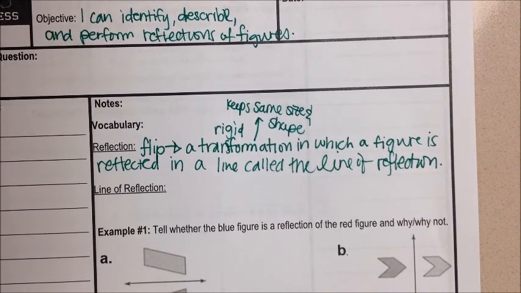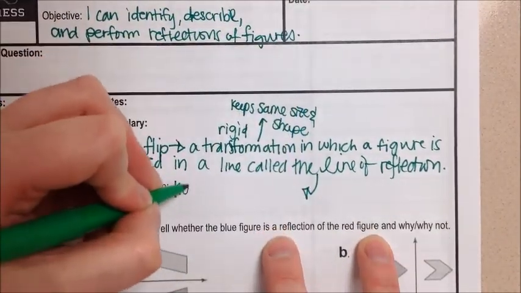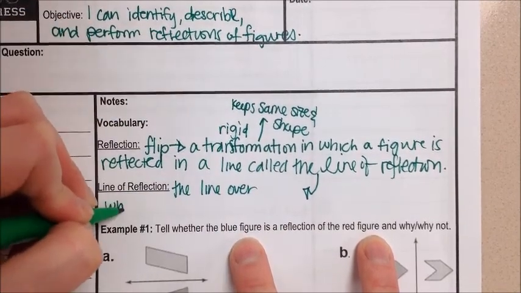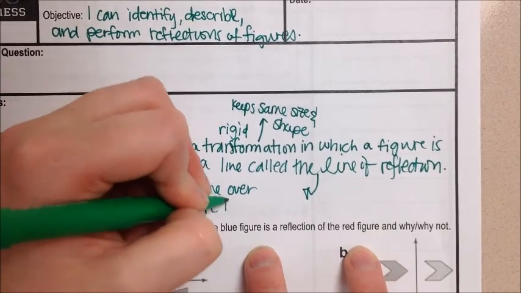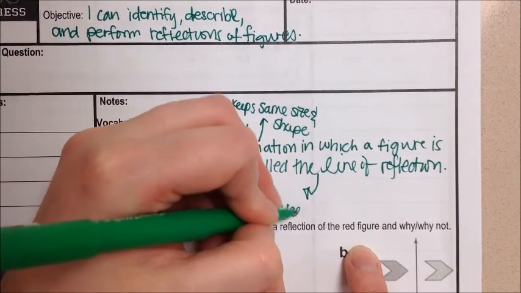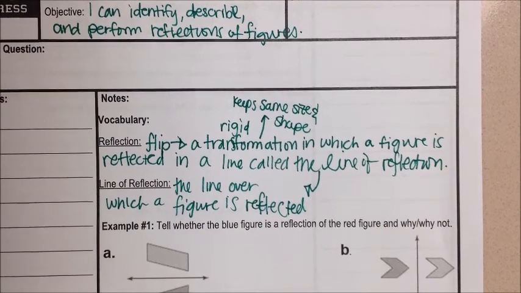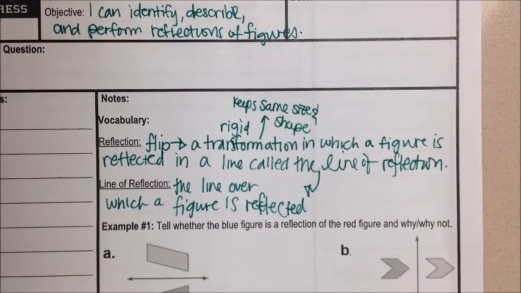The line of reflection is the line over which a figure is reflected. So if I'm reflecting over the x-axis, the x-axis would be the line of reflection.